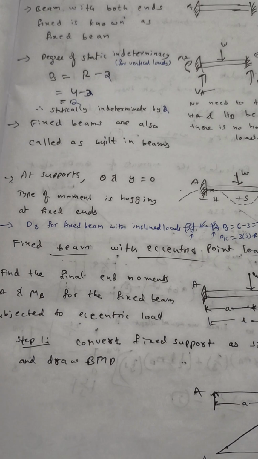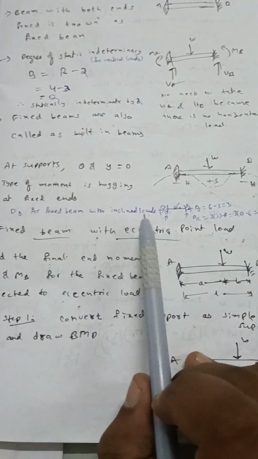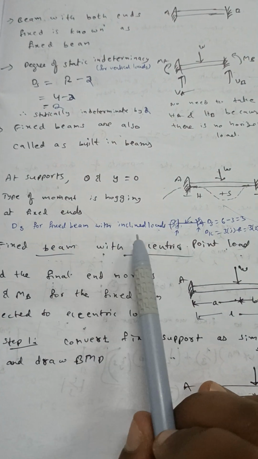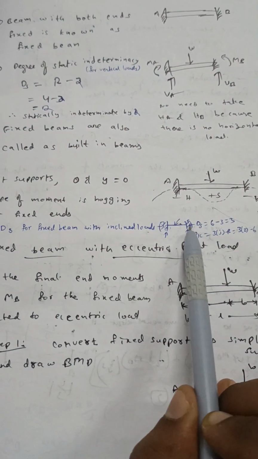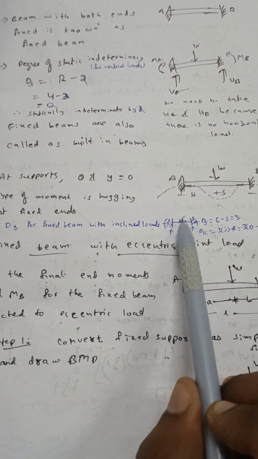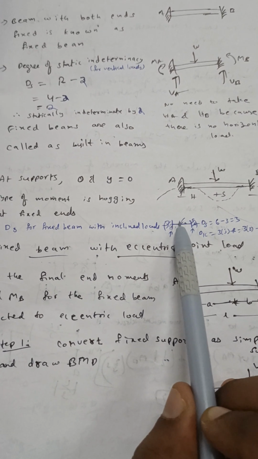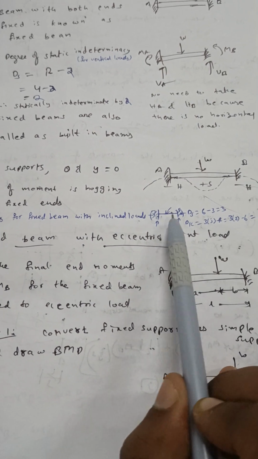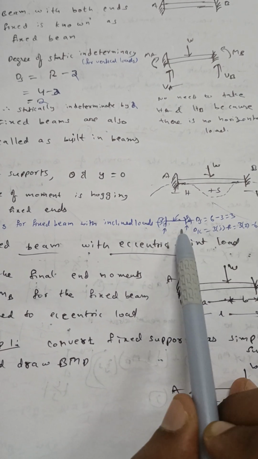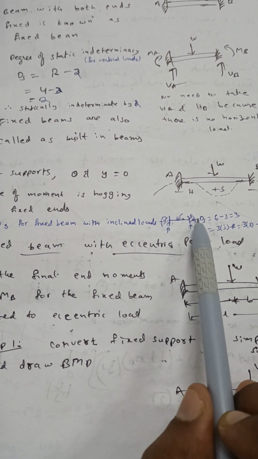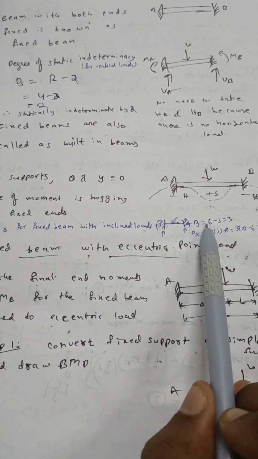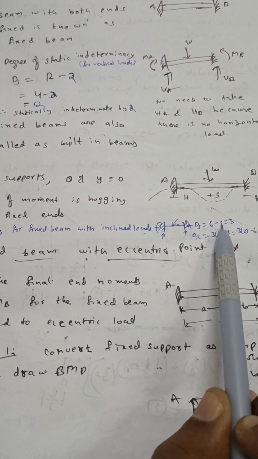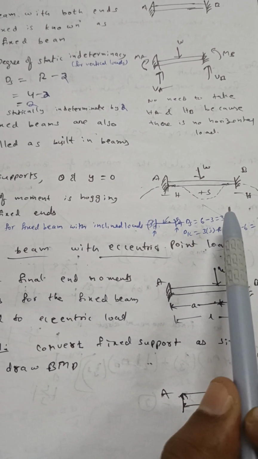Now for inclined loads, we can consider the horizontal reaction also, because an inclined load can be divided into vertical and horizontal components. So Ds equals total 3 plus 3, vertical, horizontal, moment. So 6 minus 3 equilibrium equations, sigma Fx equal to 0, sigma Fy equal to 0, moment equal to 0. 6 minus 3 equals 3.